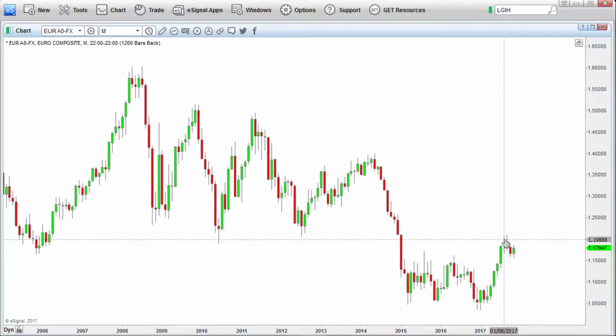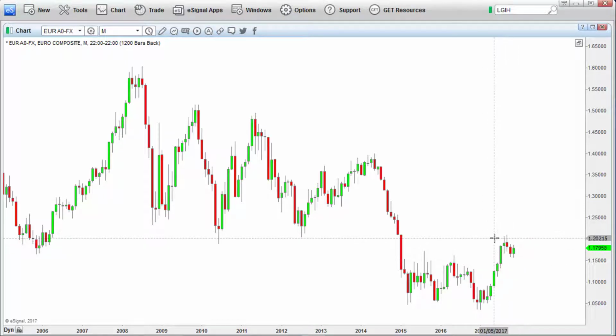This move up came to this previous area of support which is now resistance. If you look at this area here and this area here, this acted as resistance here, and since then price failed to actually move higher, stopped here, and has since continued downwards. So we want to potentially look for a shorting opportunity.